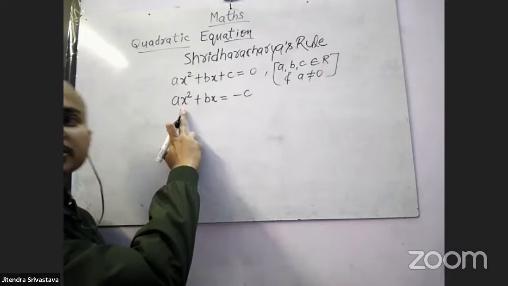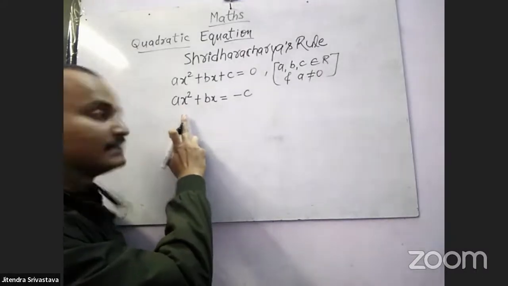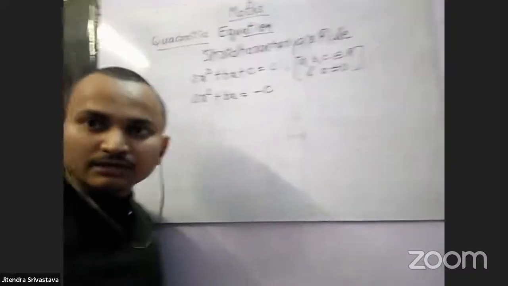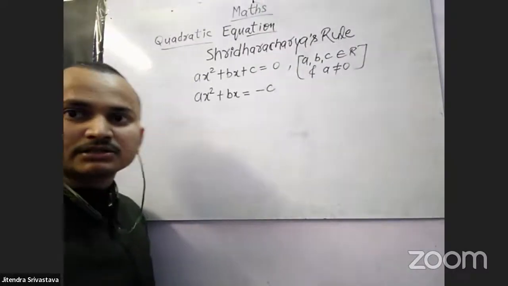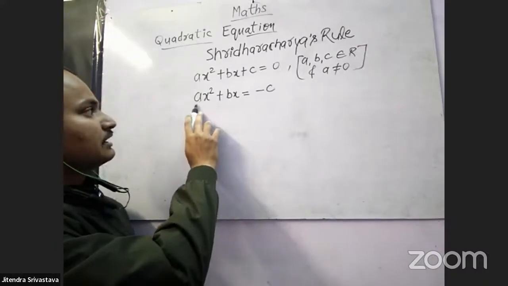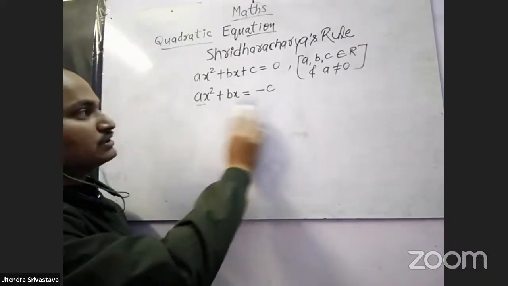Here the coefficient of x square is a. I hope it is visible to you all. So we divide both sides.